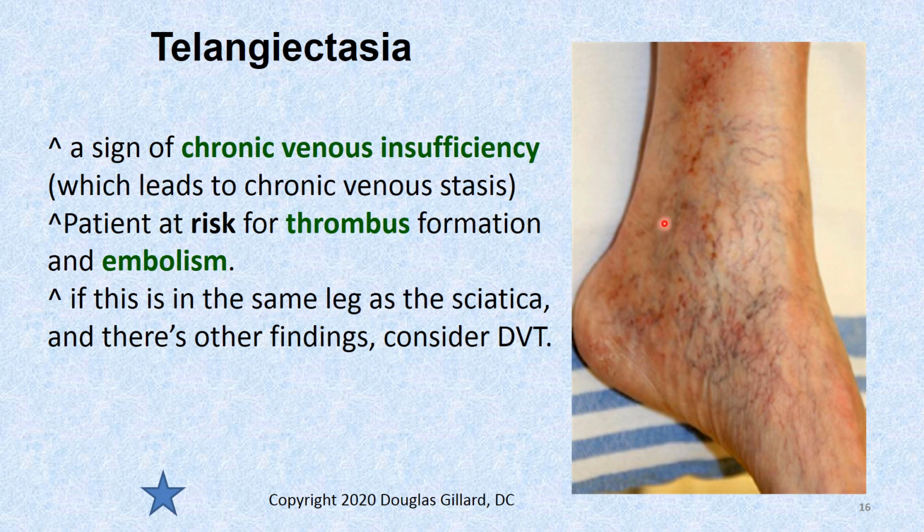All right, telangiectasia, if this is the sciatica leg, we talked about this as a sign that blood is hanging around too long. It's chronically having trouble getting out of the lower extremity. It could mean that the valves are damaged, and thrombosis occurs around the valves, especially damaged valves, so you have to be really suspicious.